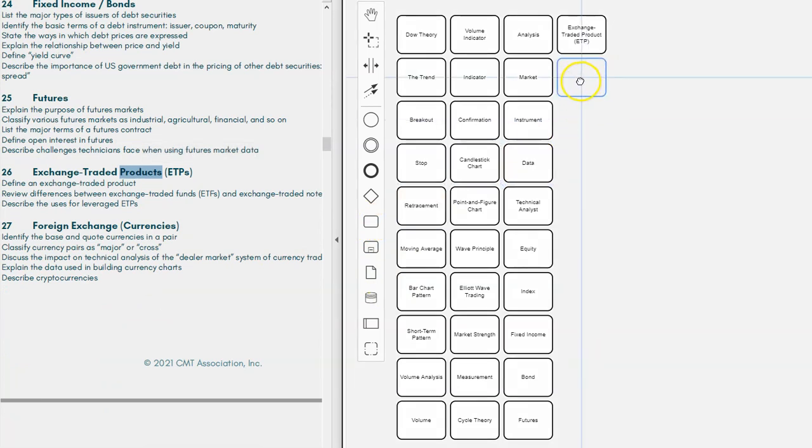Foreign exchange. Now they separated the currencies out separately. So yeah, we'll go ahead and do that too. We'll put it on a new line. Currencies.